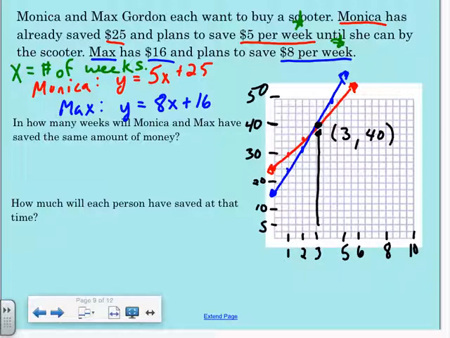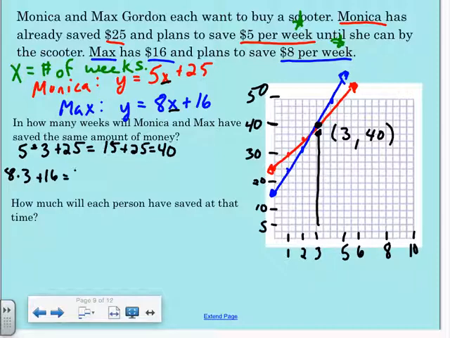One thing you could do is plug x in for 3, plug it in here and plug it in here. 5 times 3 plus 25 is equal to 15 plus 25, which is equal to 40. 8 times 3 plus 16, 24 plus 16, that equals 40. So I did do it right. When both of them are at x equals 3, they both equal 40. So that's definitely my point of intersection.